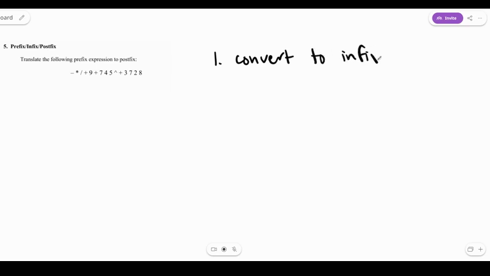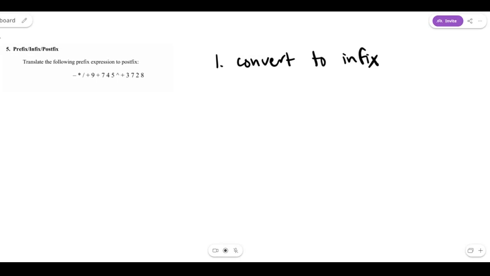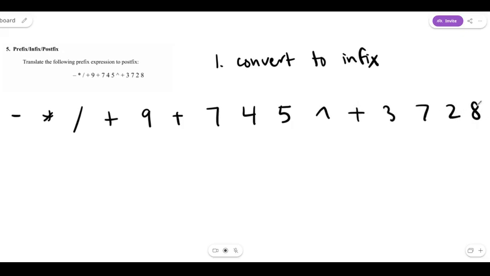Minus plus 9 plus 7, 4, 5. Okay, that fits. So let's convert this to infix.